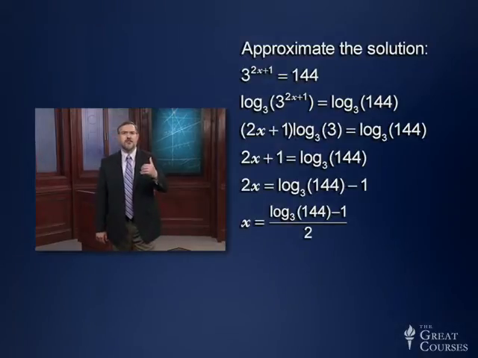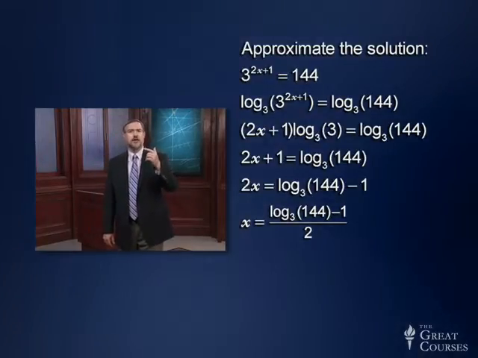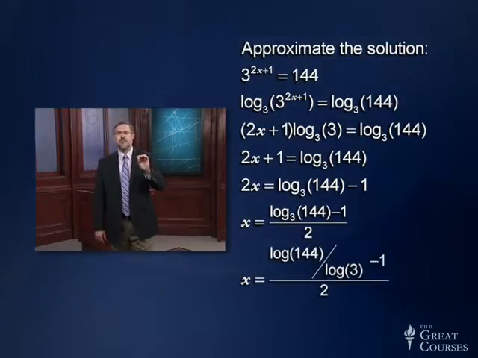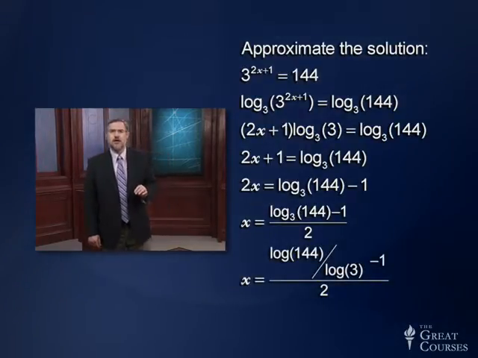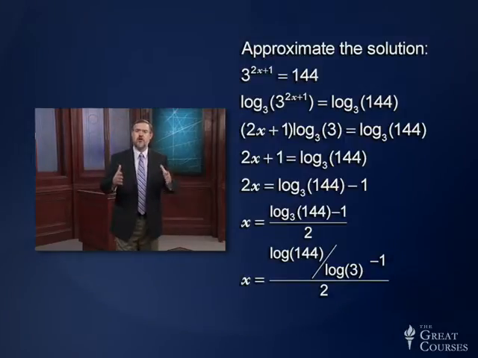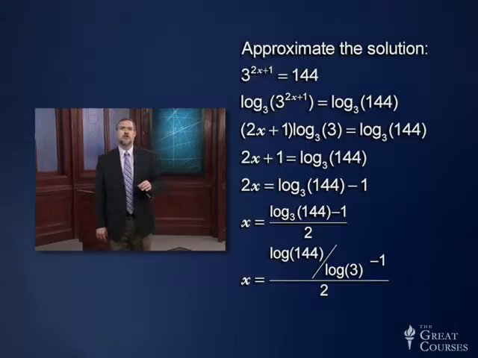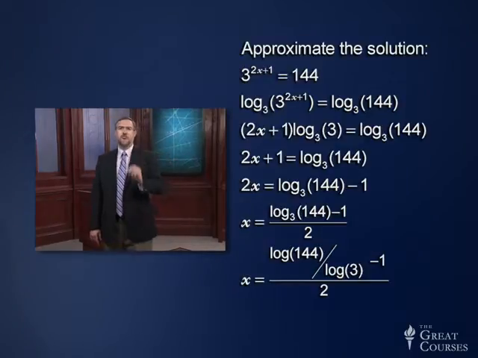So I can rewrite this answer for x then using my change of base formula in the following way. Instead of having log base 3 of 144, I would convert that to log of 144 divided by log of 3. And so x is really also equal to log of 144 divided by log of 3 minus 1 all divided by 2.